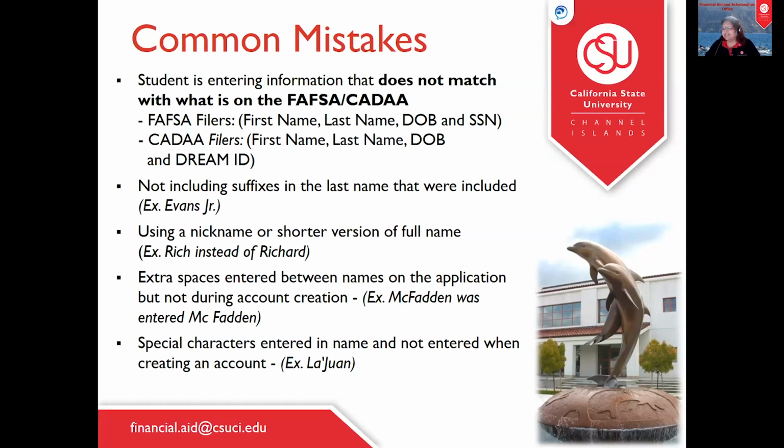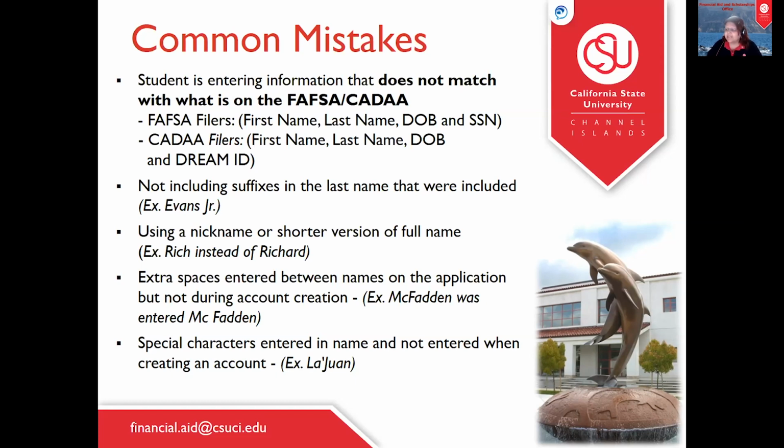If you're using suffixes in your last name that were included on your application, for example, Evans Jr., you want to make sure that you're including that. Using a nickname or shorter version, for example, Rich instead of Richard, Bob instead of Robert. So you want to make sure that you are putting correct information. Otherwise, your application will be delayed, or it'll go into our suspense and it just will take longer for your application to be reviewed.